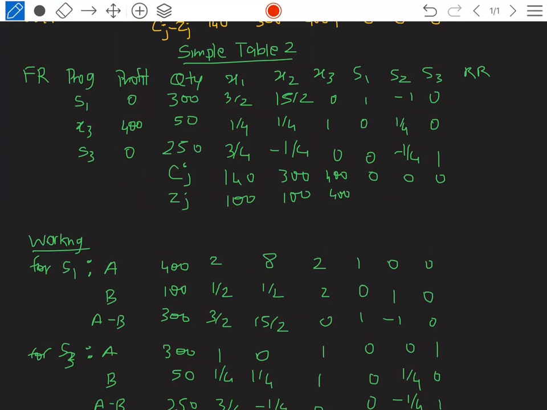Then this is 0. The other one is over here, 0 into -1.